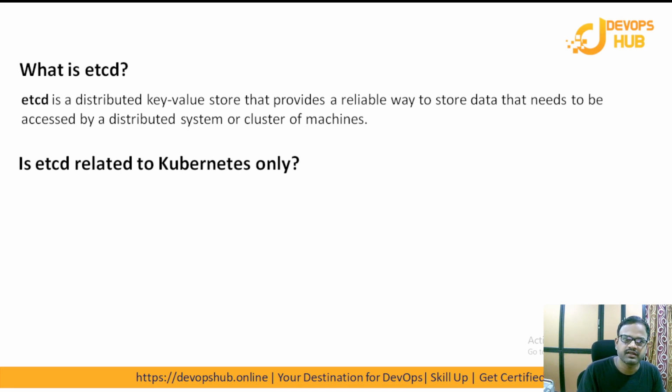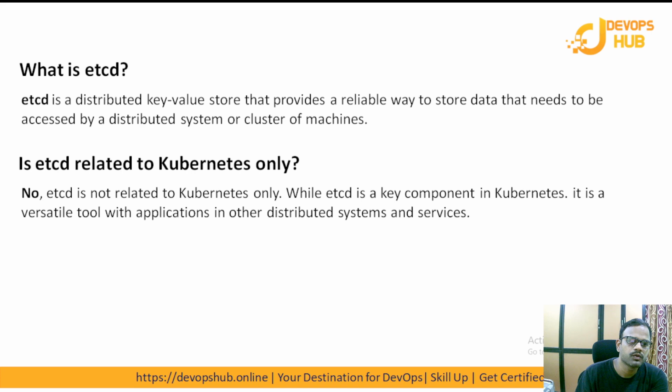But apart from that, it is a distributed key value store. Wherever you need to store information that needs to be accessed by many servers or distributed systems, etcd is the right application to go with. So it's definitely not limited to Kubernetes.